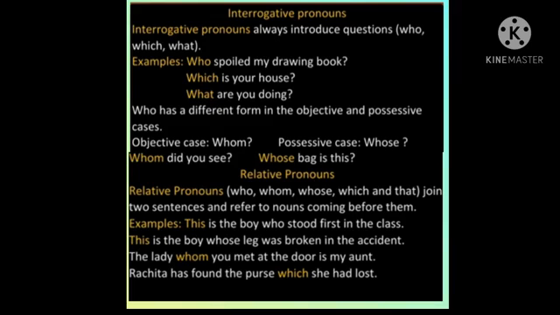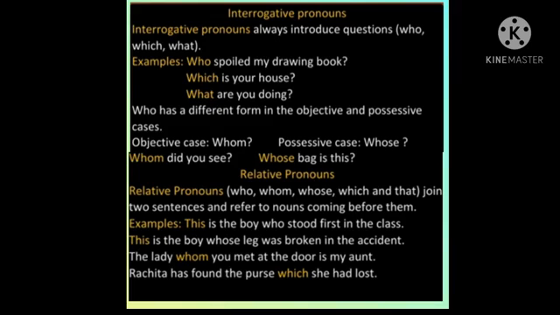And the relative pronouns are the WH words along with this and that. This means we are using it for the nearby objects. Like demonstrative pronouns, we have used this for the nearby objects and that for the faraway things. So these are the types of pronouns.